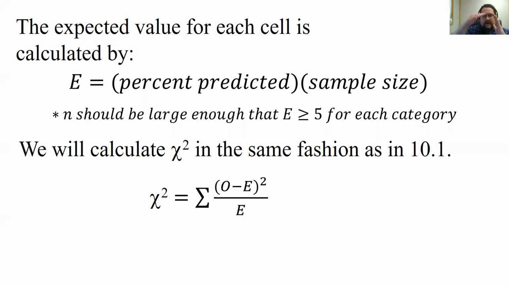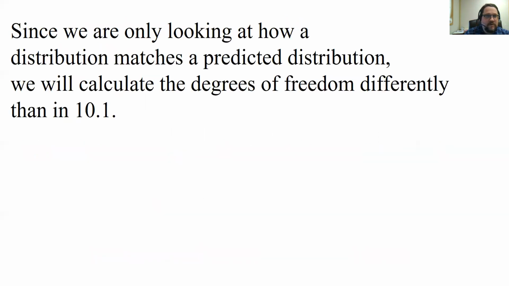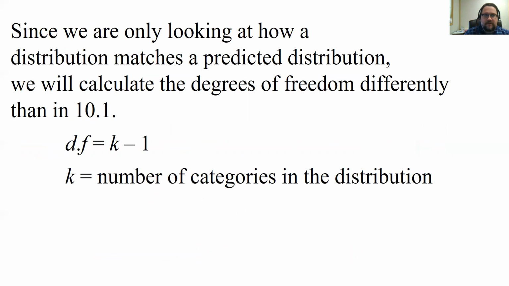Since we're not looking at two different characteristics to see if they match up, our degrees of freedom are just going to be the number of categories minus 1. So it's not the sample size minus 1. It's the number of categories minus 1.